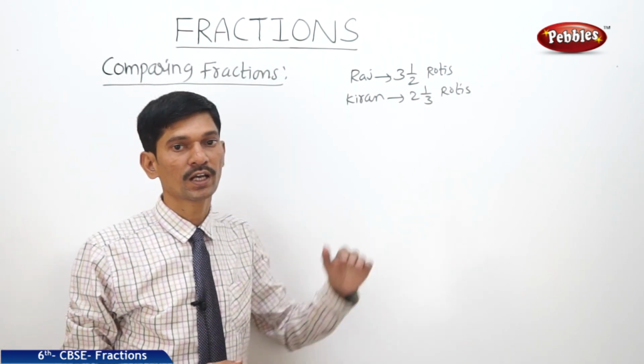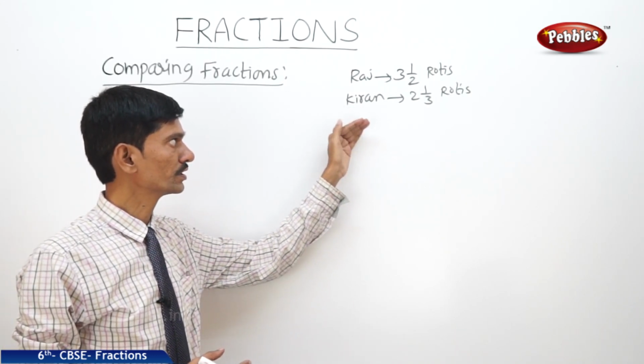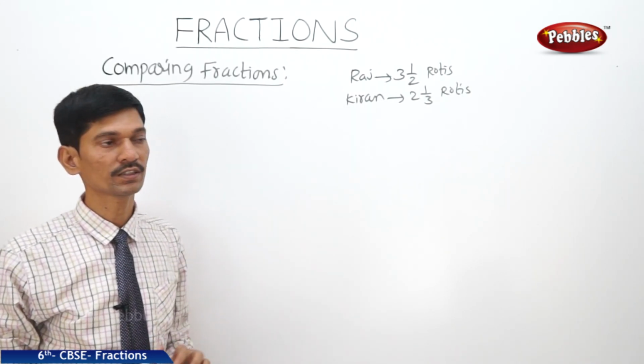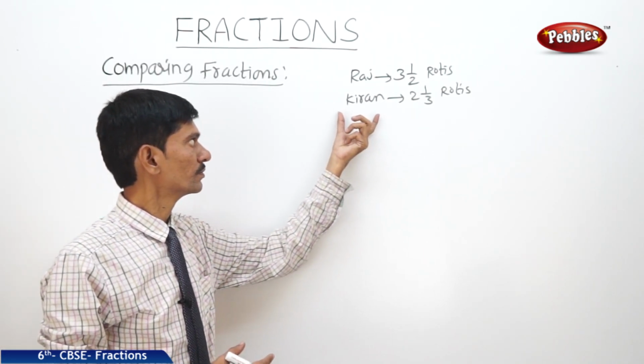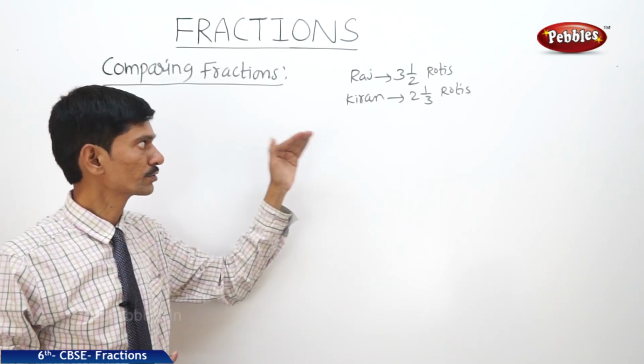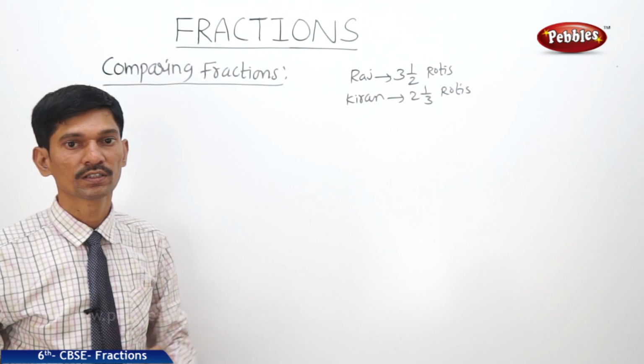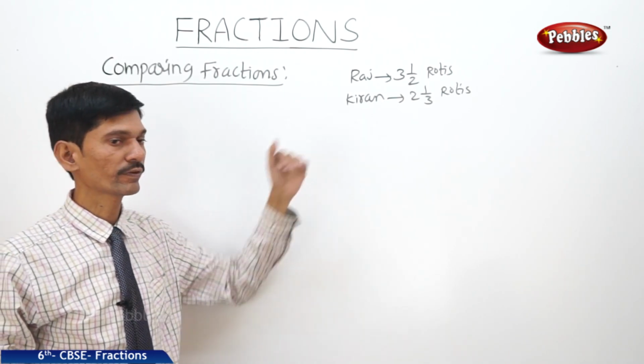Then who has the larger, who has more rotis in his plate? So we have to compare the two fractions. Then we should say which student has more rotis.